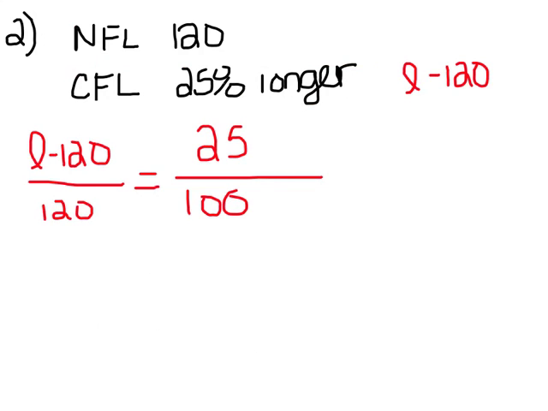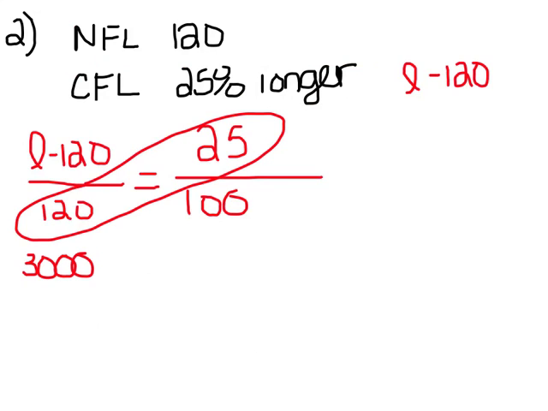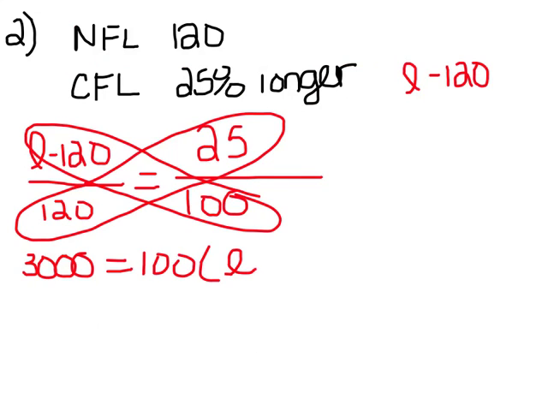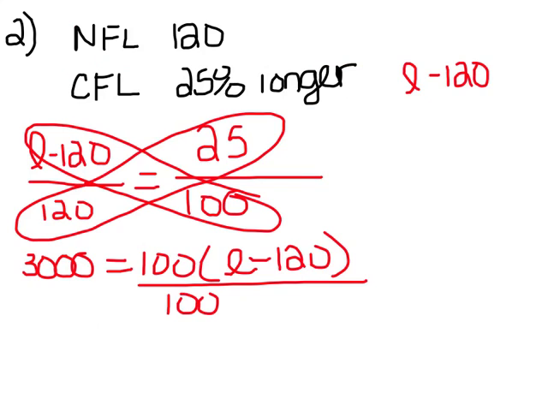And now we can solve our proportion by cross multiplying. 120 times 25 is 3,000. And that's going to equal 100 times L minus 120. Now you can do out the distributive property and solve your equation, or you can actually divide both sides by 100 at this point.